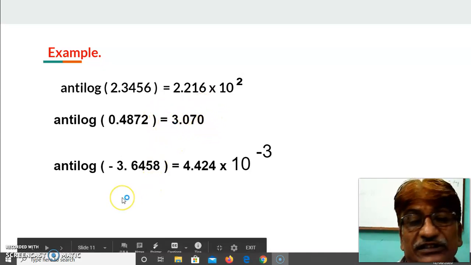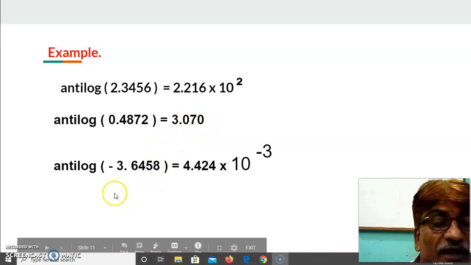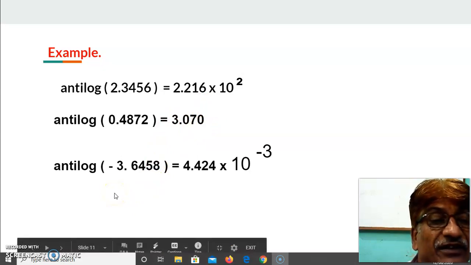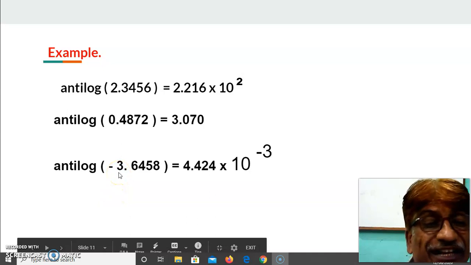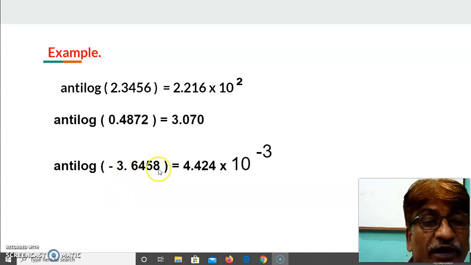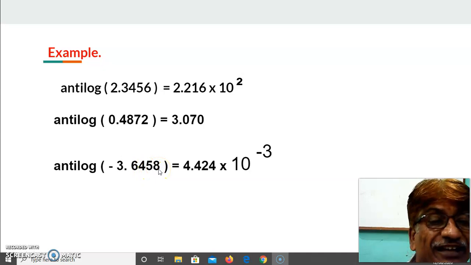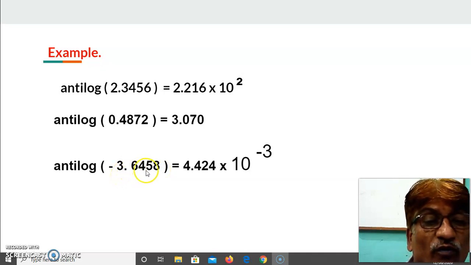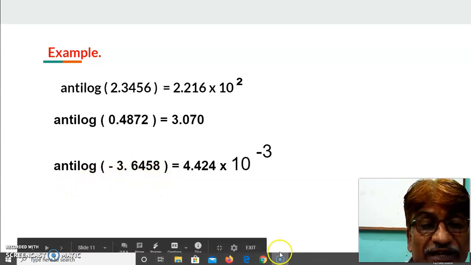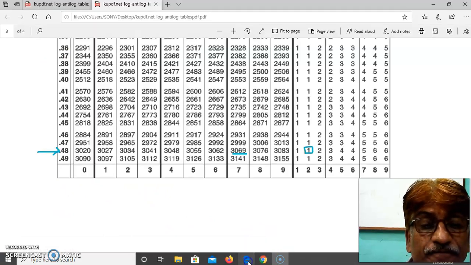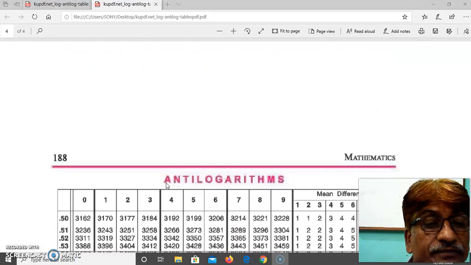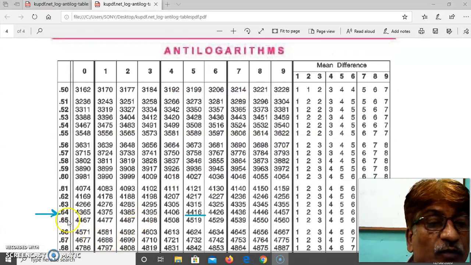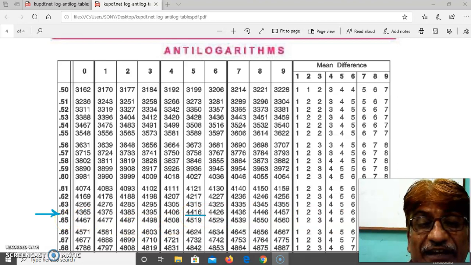So we can write it as 3.070. Similarly, if the third digit is given, that is minus 3 bar 3.6458, we want to find antilog of bar 3.6458. Whatever its antilog will be, we can see here. Point 64, 5 and 8.